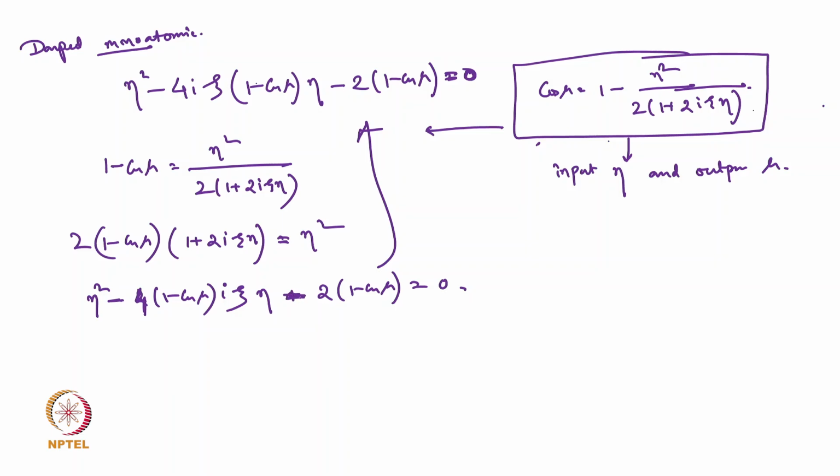There will also be a minus sign, sorry, which is nothing but this one. So if we rearrange the dispersion relationship, we can get it in the new form.